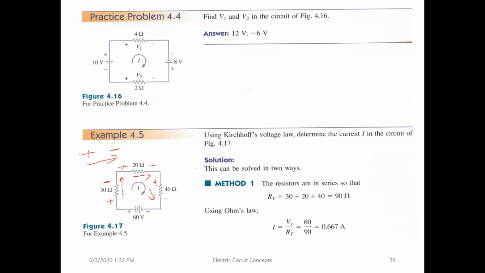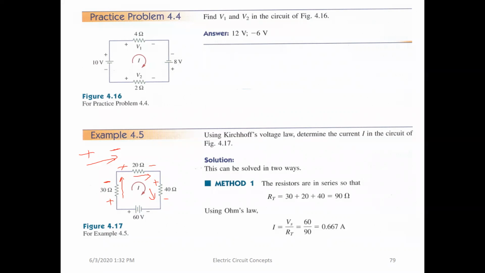If the polarities are not given, we must assume first, sometimes even the current direction won't be given, but again, we have to assume it, clockwise or even anti-clockwise, but it's easier for people to get used to applying current in clockwise. So when we assume the current in clockwise, then we have to mark the polarities of the elements.